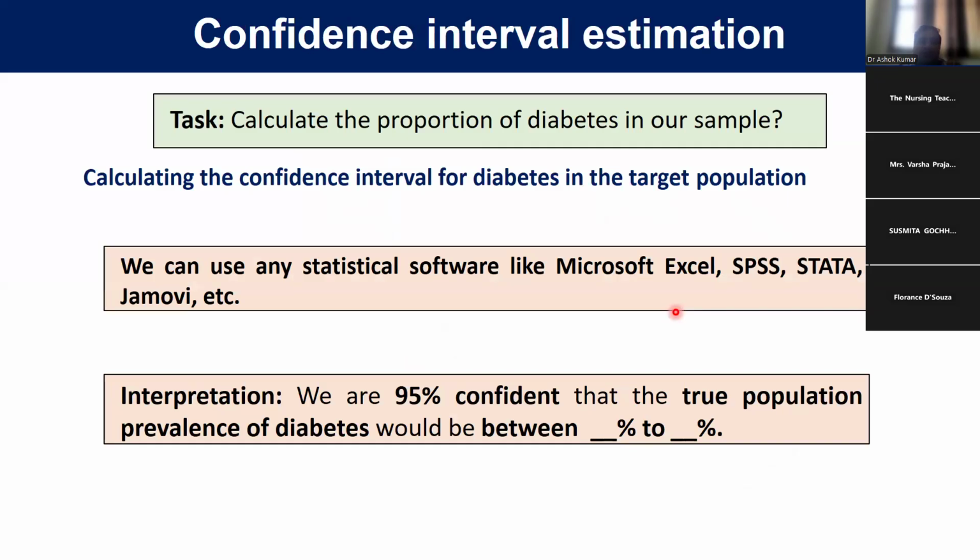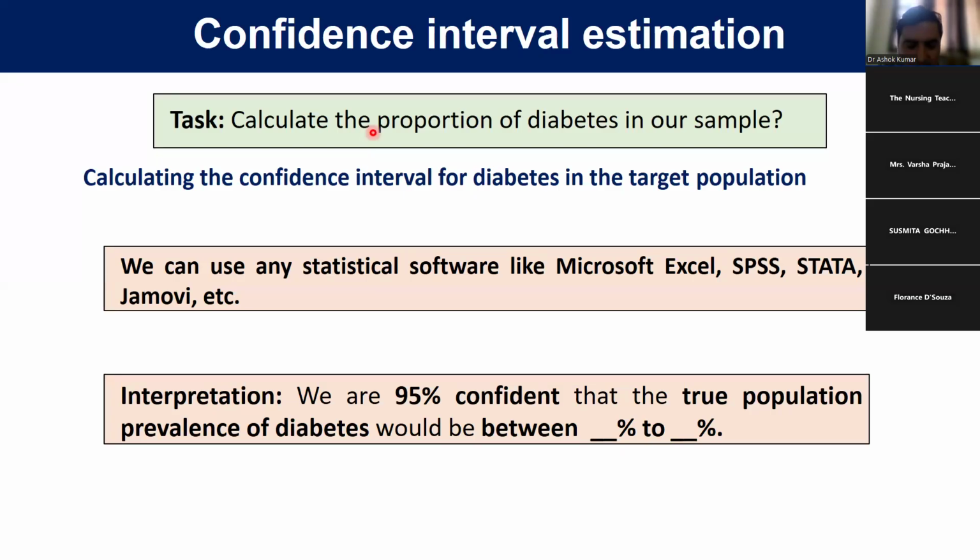So number one is confidence interval estimation. For this, we calculate the proportion of diabetes in our sample.